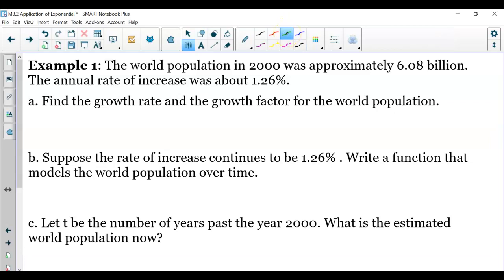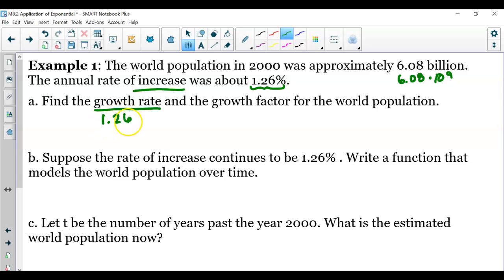So in this first example, the population in the year 2000 was approximately 6.08 billion. Since it's billion, I could also write this as 6.08 times 10 to the ninth power. Now, notice it says the annual rate of increase was about 1.26%. So when we're trying to figure out the growth rate, we're not going to use the percent.